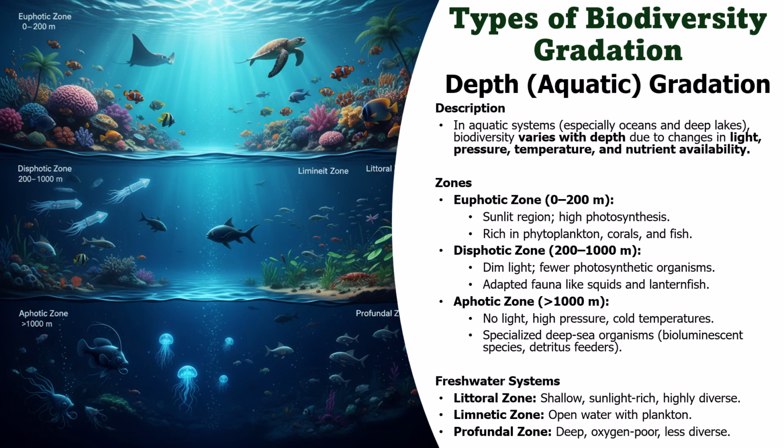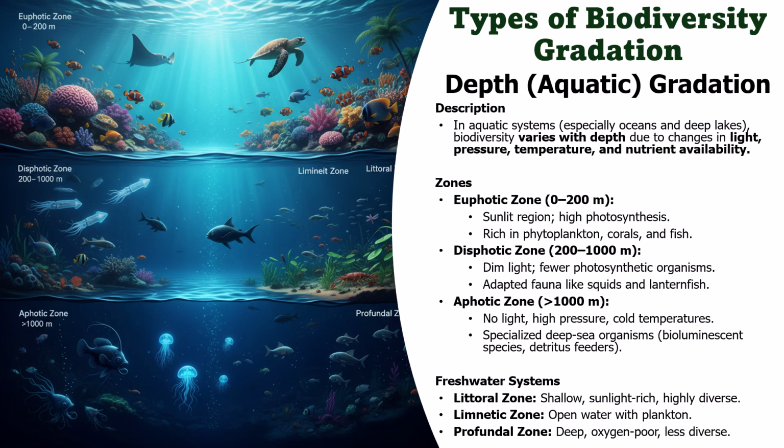Below it lies the dysphotic zone, 200 to 1000 meters, which receives limited light and hosts adapted species such as squids and lanternfish. The aphotic zone, more than 1000 meters, is completely dark, cold, and high pressure, inhabited by bioluminescent and detritus-feeding organisms.